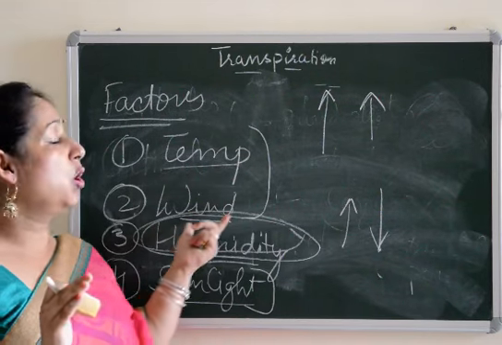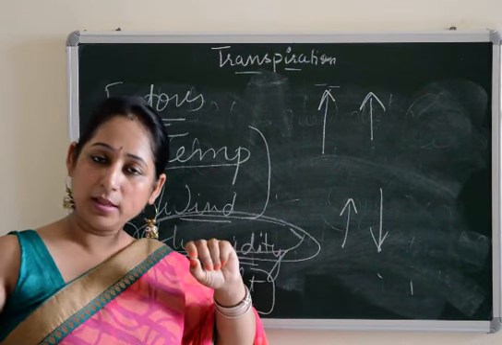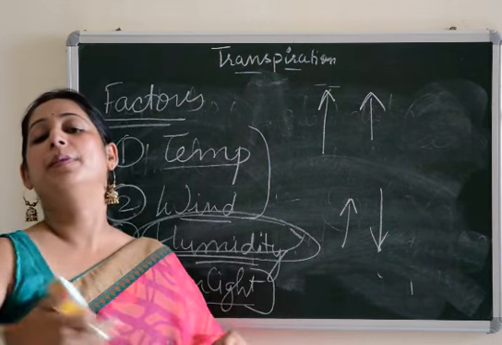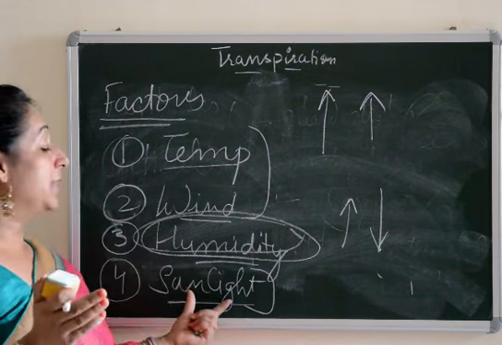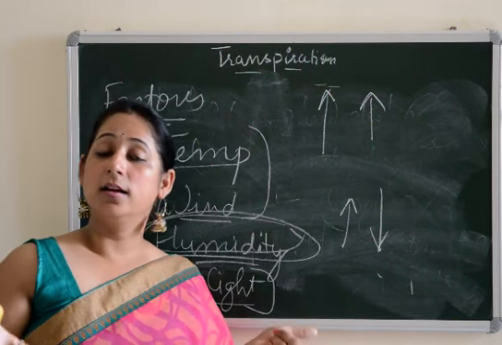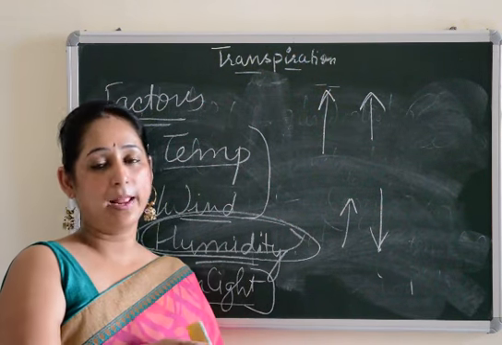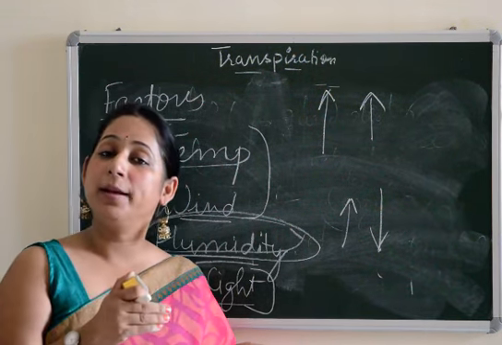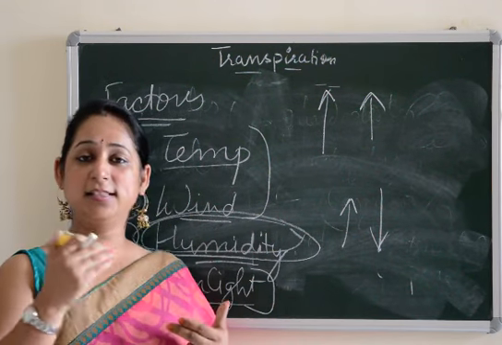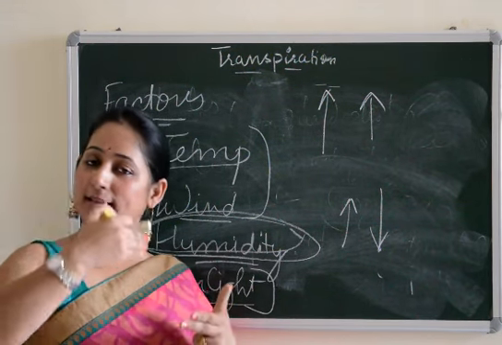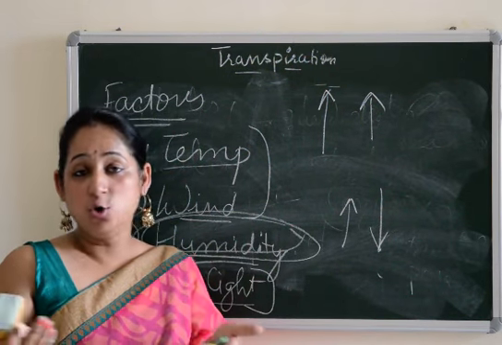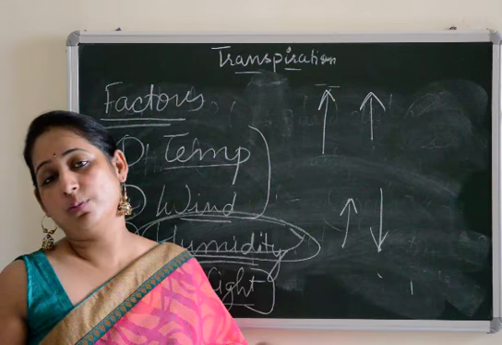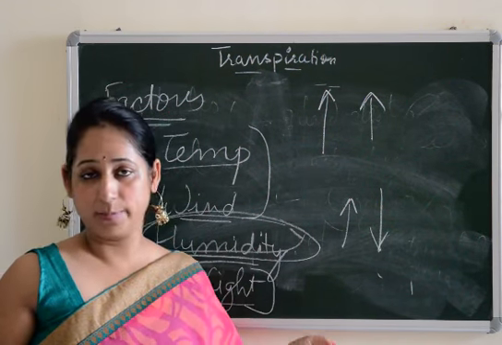Same here also, during transpiration, when the wind blows, it takes up the water in the form of water vapor from the surface of the leaves. Then is sunlight. Sunlight, as I have already explained, during daytime the stomata are open and during night the stomata are closed. So when there is sunlight, stomata are open, transpiration is there. When it is night, no sunlight, stomata are not open, and hence there is no transpiration.